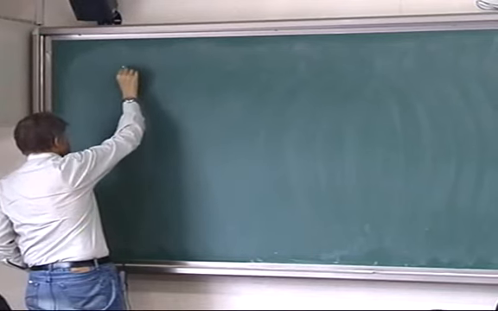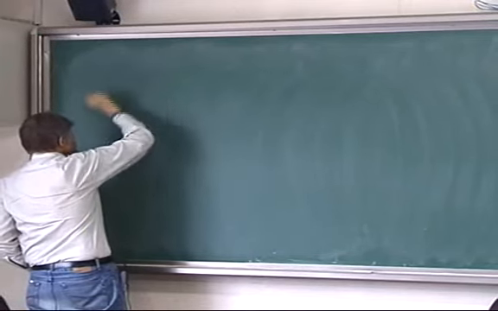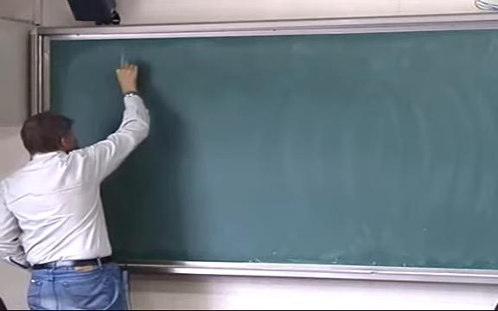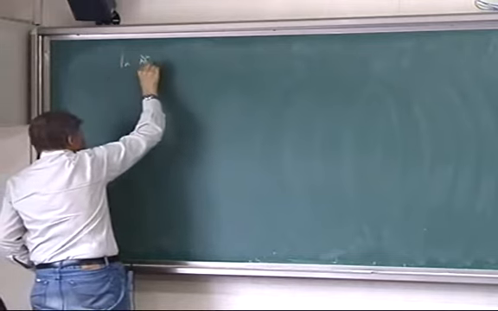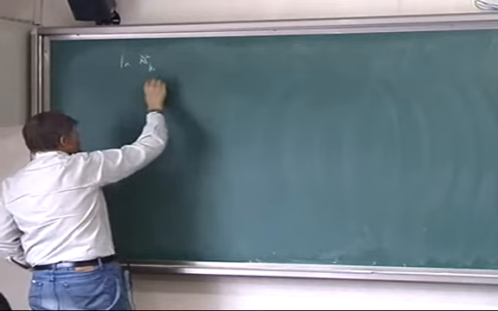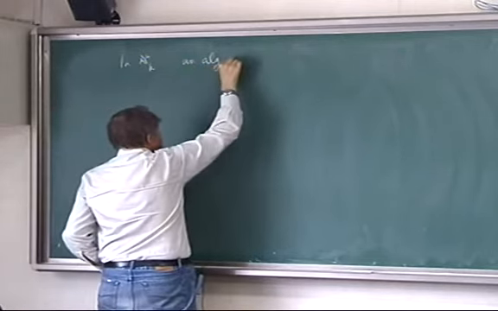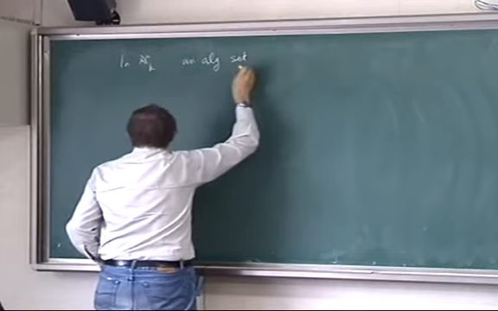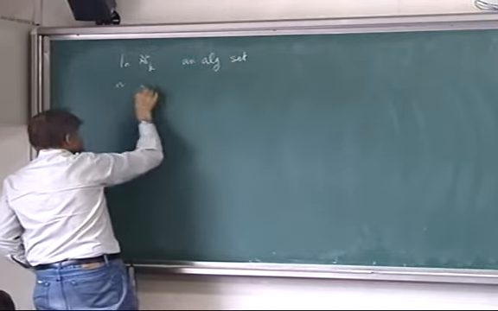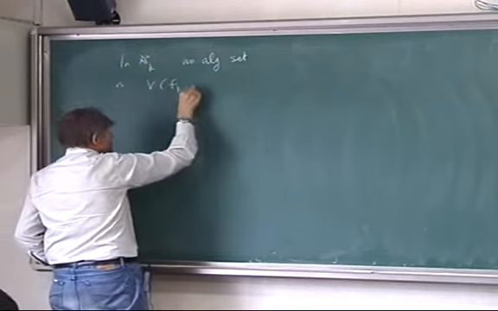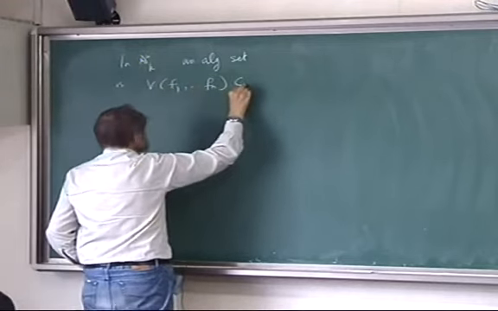Geometry. So in A^n(k), an algebraic set is V(f1, ..., fn) in A^n(k).